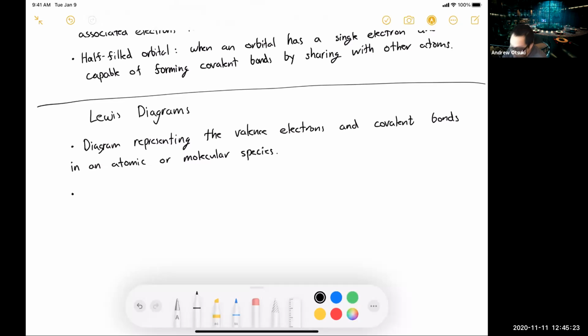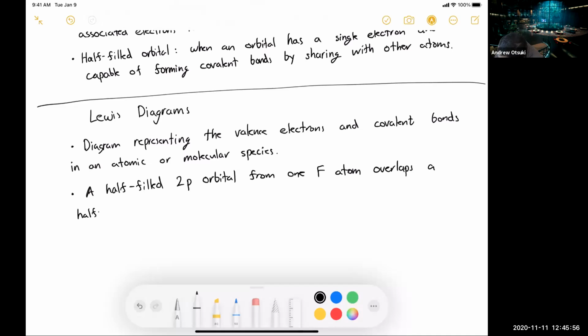So next, say we have a half-filled 2p orbital from one fluorine atom that overlaps a half-filled 2p orbital from the other F atom.